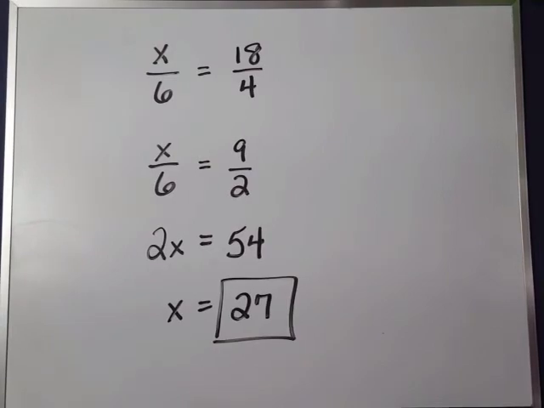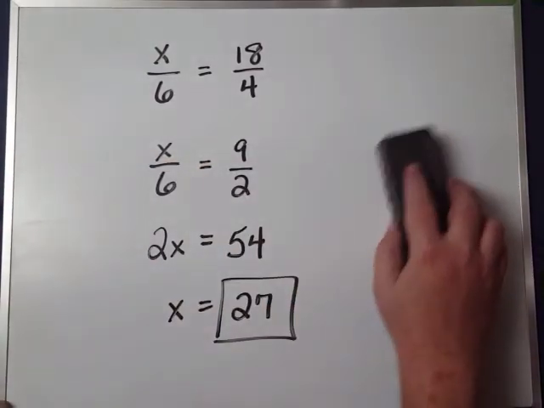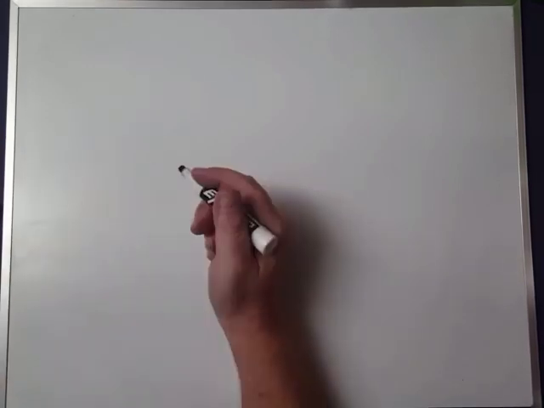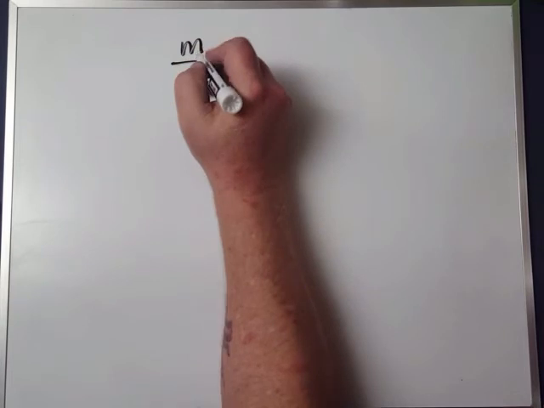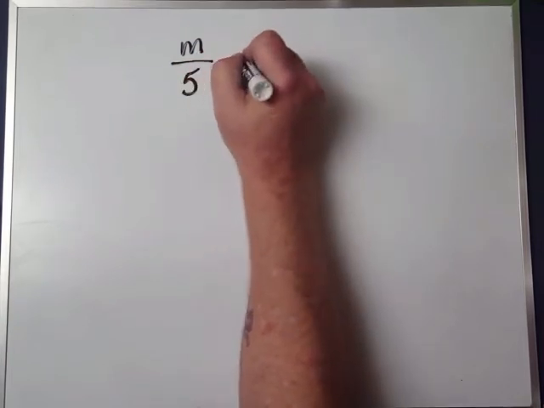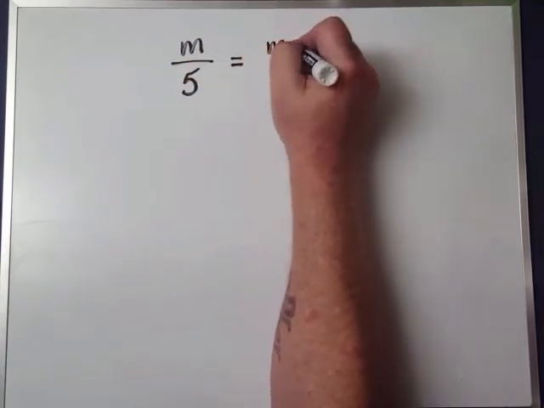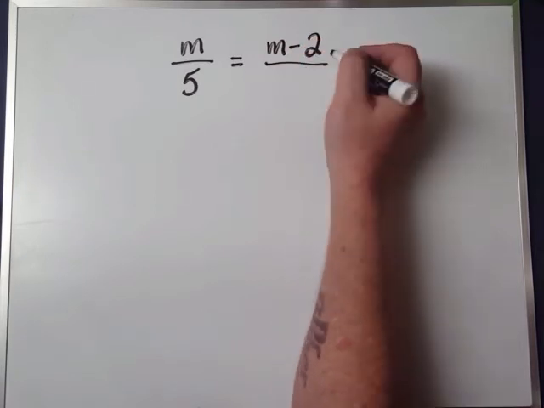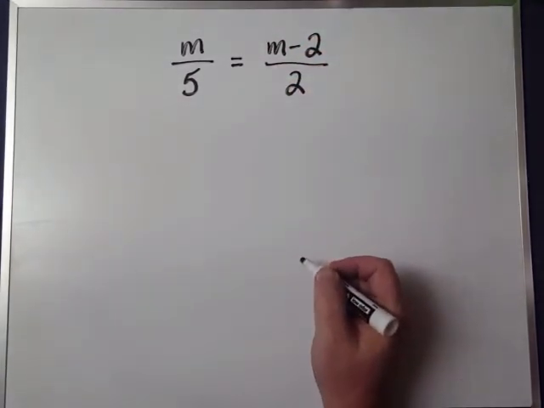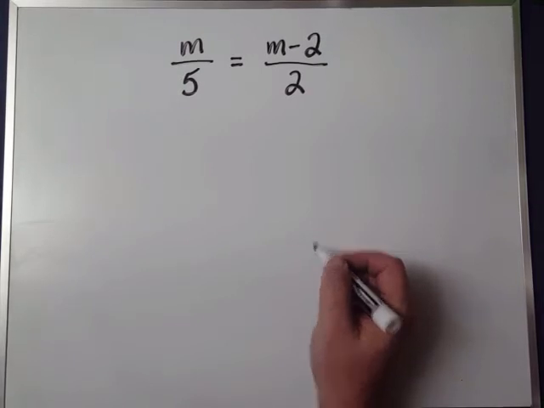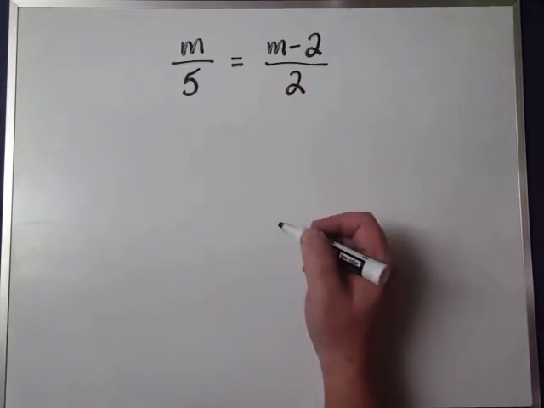Let's look at number 36. Solve. M is to 5 as m minus 2 is to 2. Cross multiply.